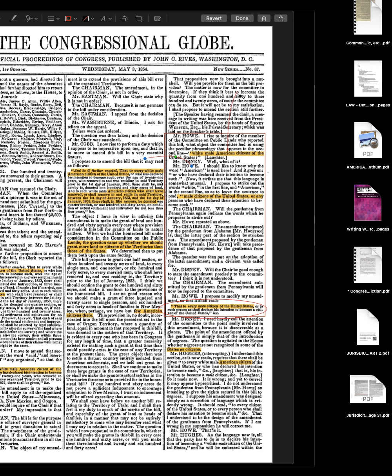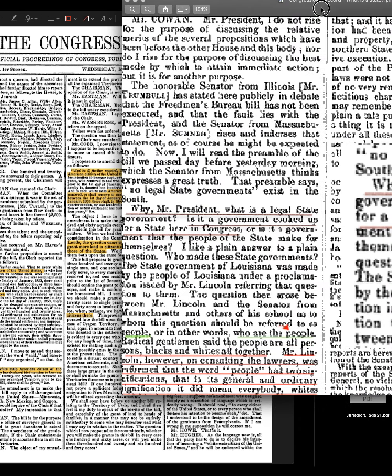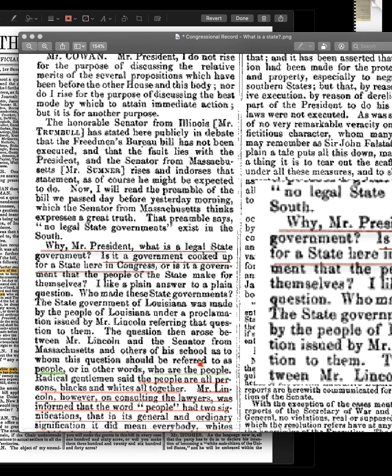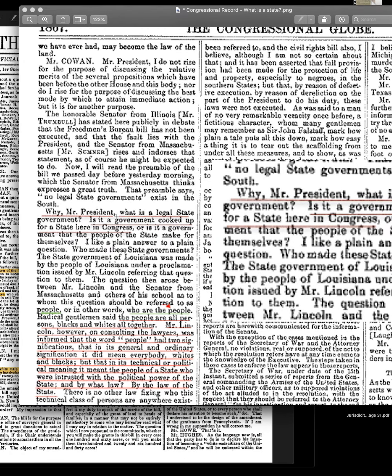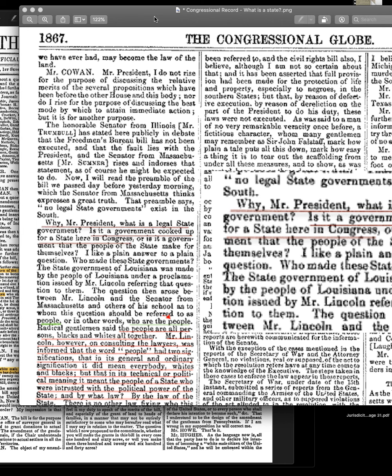So there's another congressional record from, I think it's from 1867. I know I have it here. Here we go. And I'm sorry that you can't really see it because once I expand it so much, it's difficult to see. But this is from 1867, the Congressional Globe, page 1565.